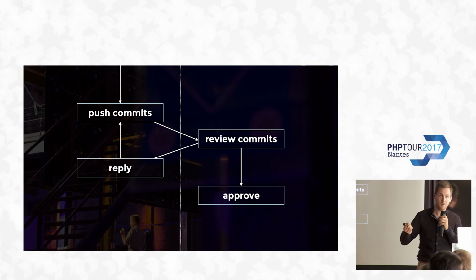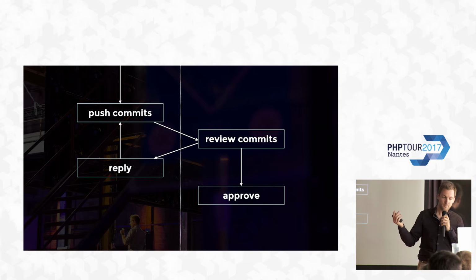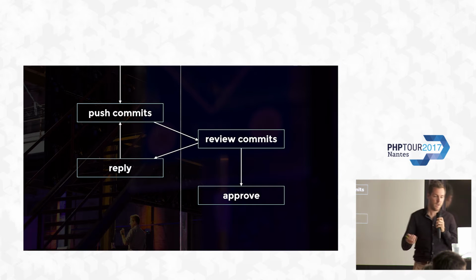They are going to add some comments, ask some questions, or demand some changes. And then it turns back to the programmer, and he or she has to reply or add some more commits, and the circle goes on and on until the pull request is done, because that's what a code review is. It's reviewing a pull request.